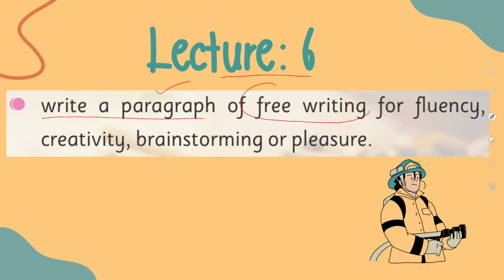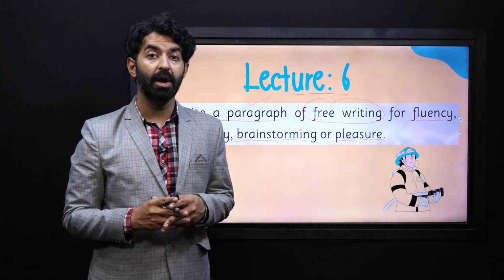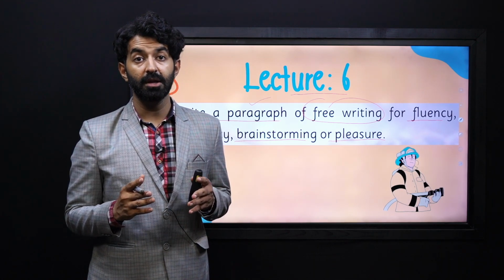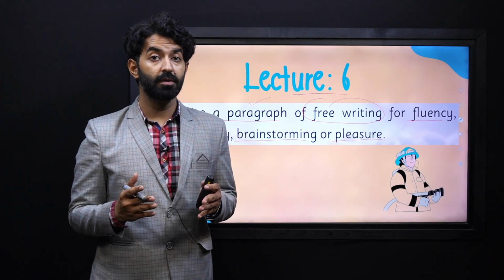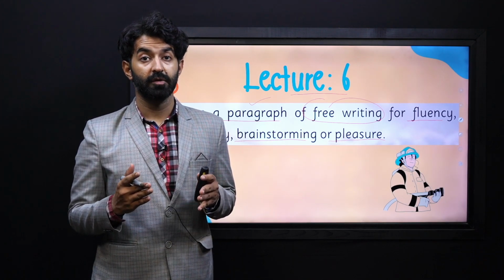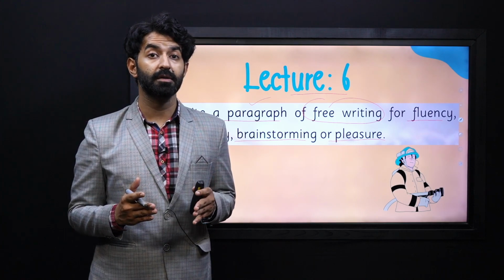And then for lecture number 6, we have the students' learning outcome of writing a paragraph of free writing for fluency, creativity, brainstorming, or pleasure. So this SLO is of the competency of writing, and we will be looking at a technique of writing which we call free writing. How we do it and why we do it will be presented in this video lesson.